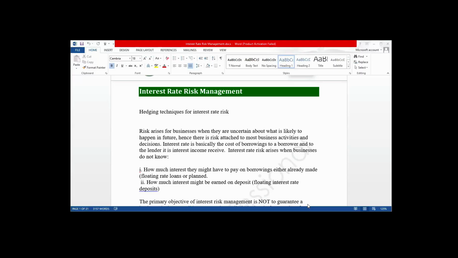We are not certain what the interest rate will be for the business. What we call risk is uncertainty about what will happen in the future.